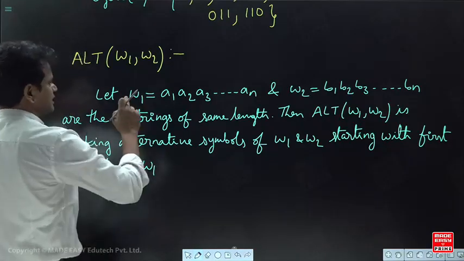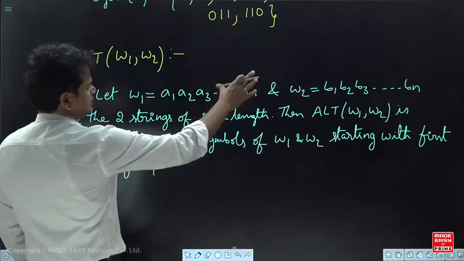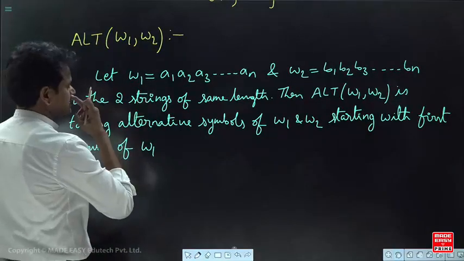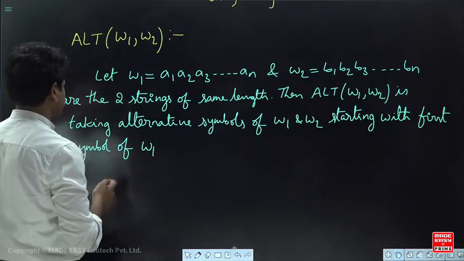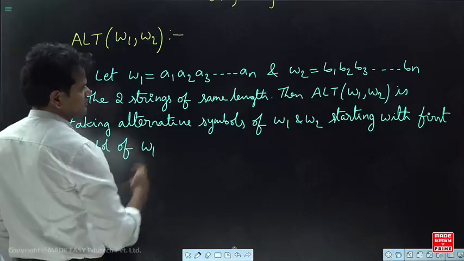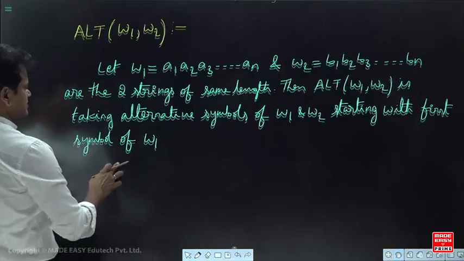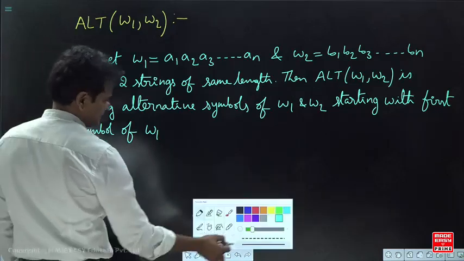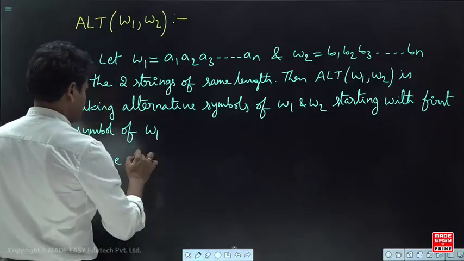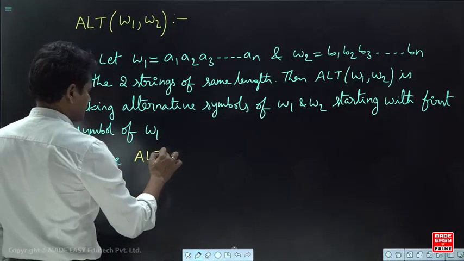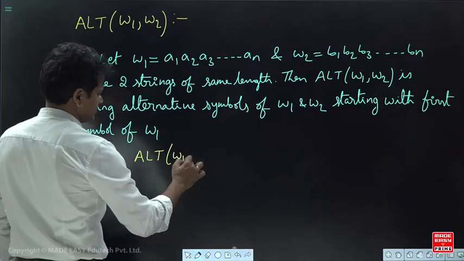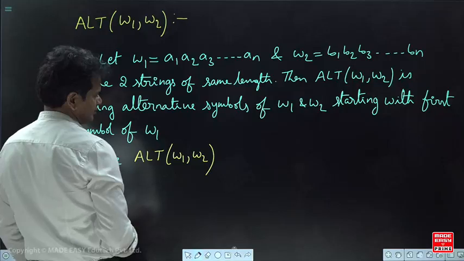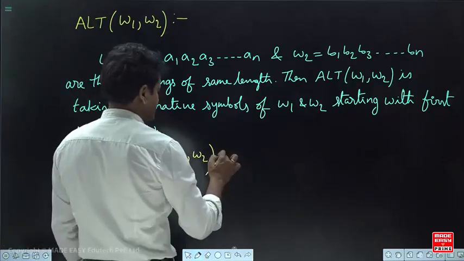So guys, let W1 and W2 be two strings of same length. Then alter of W1 comma W2 is taking alternative symbols of W1 and W2 starting with first symbol of W1. Look at this one, you will understand. That is alter of W1 comma W2. Alternative, alt of means the alternative.